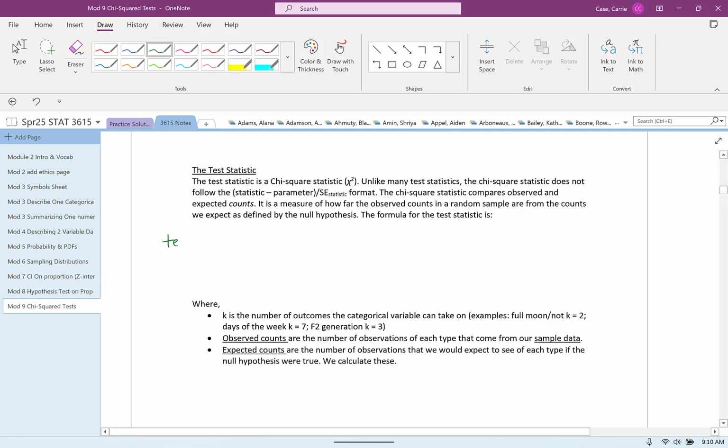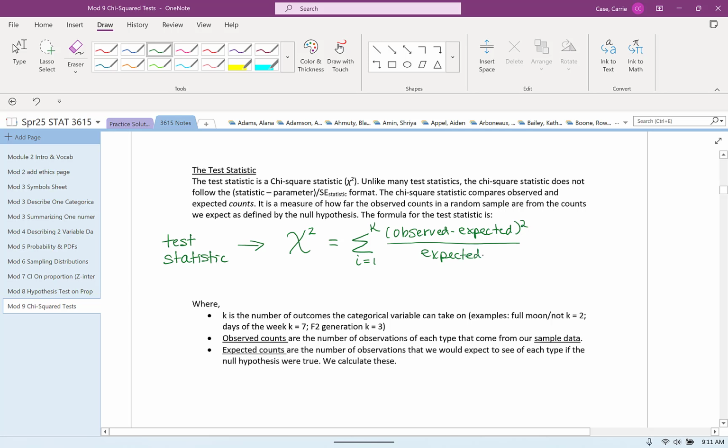So, our test statistic is a chi-squared test statistic. And so chi-squared is equal to the sum from i equals 1 to k of observed minus expected, quantity squared, divided by expected counts.